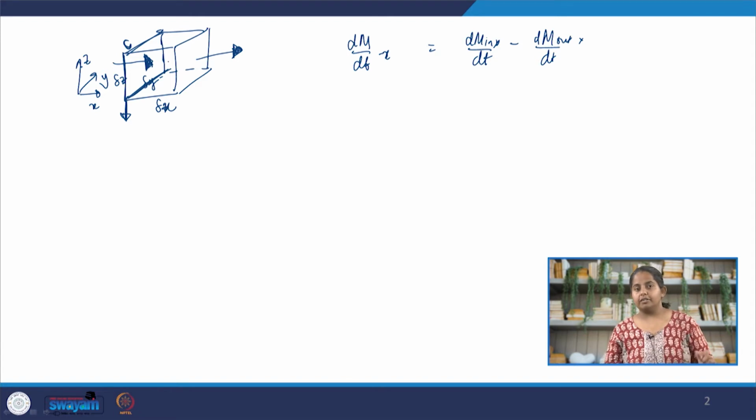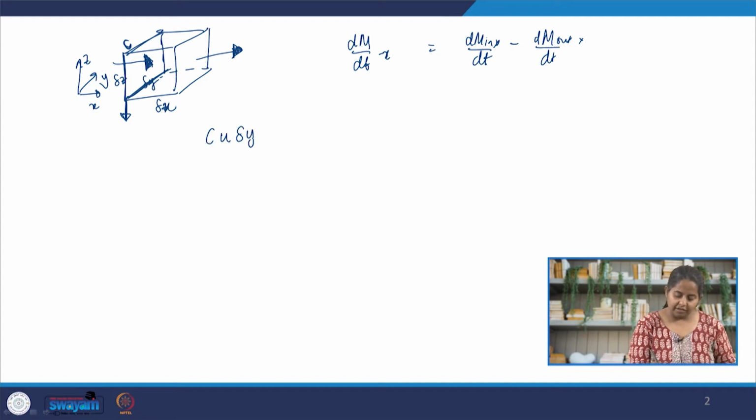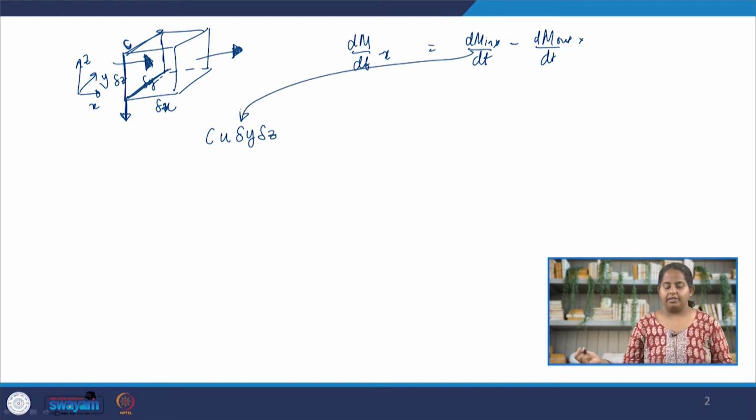So we know that the concentration C is moving with velocity u and the area that we are dealing with is del y del z. So mass coming in is C u del y del z. This is dm in by dt.